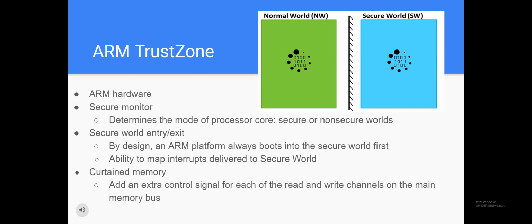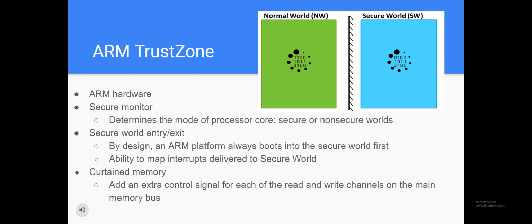The second feature is the secure world entry and exit. By design, an ARM platform always boots into the secure world first. The normal world uses a special ARM instruction called secure monitor call to transfer control into the secure world.